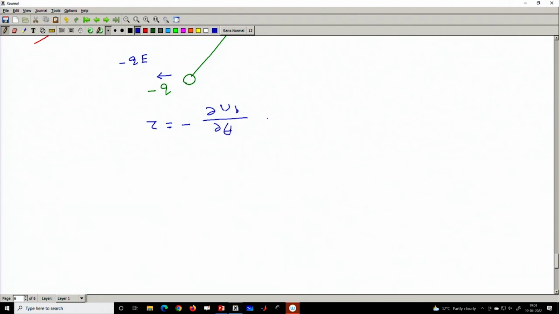That quantity is simply minus del by del theta of U, and we know U is minus P dot E. So, it is simply P and E and the angle between these two, which is cos theta. Let me write cos theta properly.